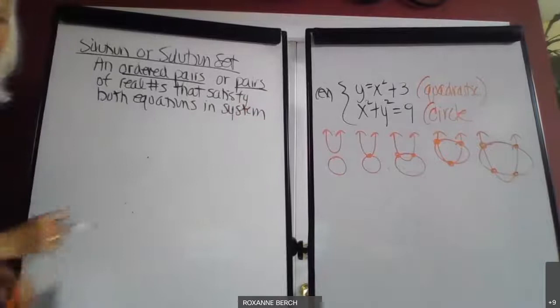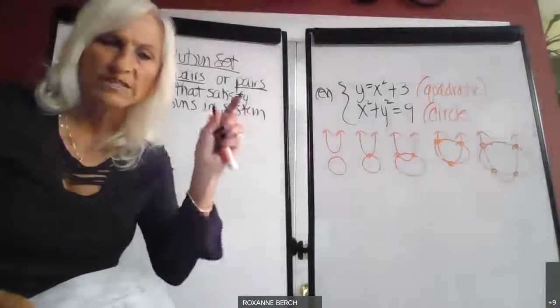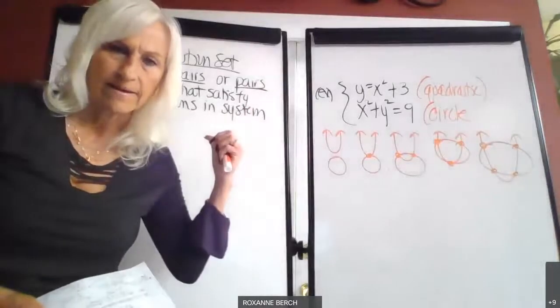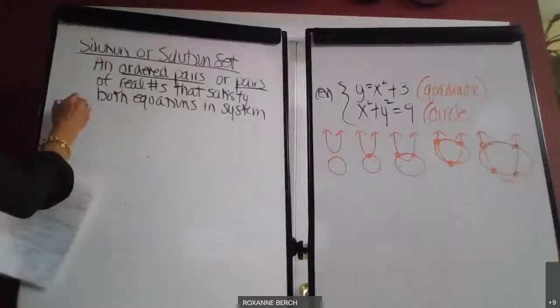So remember in 7-1 where we had to test the ordered pair and make sure it worked in both? That's what this is saying. It has to work in both equations. All right, let's take a look at a problem.